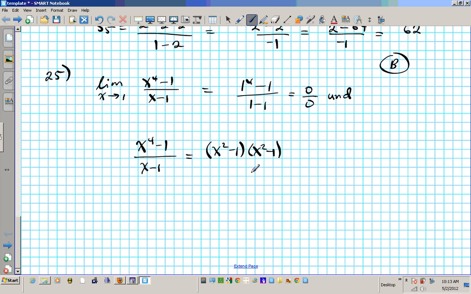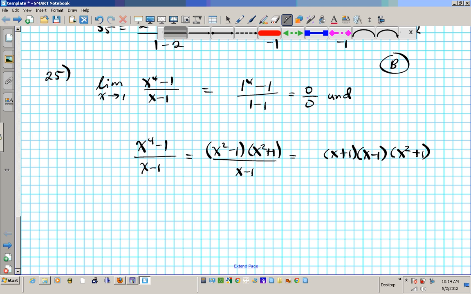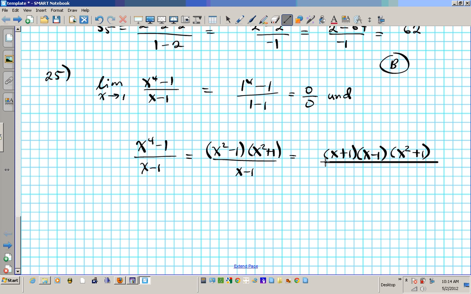And then the difference of squares factors further into x plus 1 times x minus 1 times x squared plus 1, over x minus 1. Remember, it's only the difference that you can factor further. So now the x minus 1s cancel out.